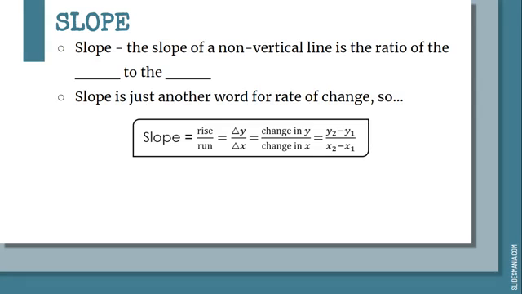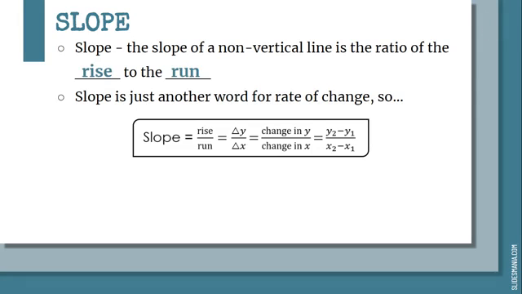So another word for rate of change is slope. Slope should sound familiar from 8th grade or from middle school. The slope of a non-vertical line is the ratio, so we're still talking about a fraction, of the rise to the run. So it's really no different than finding change in y over change in x.